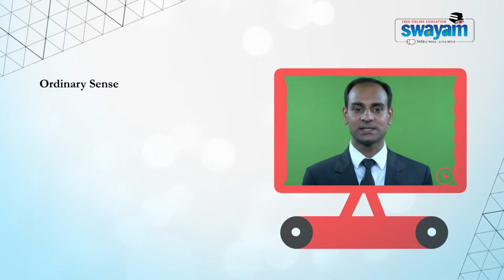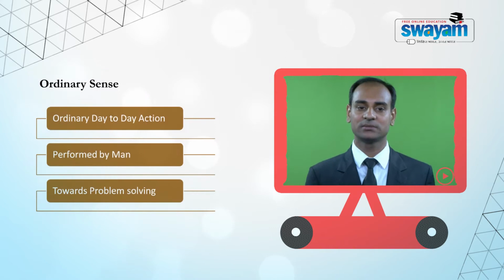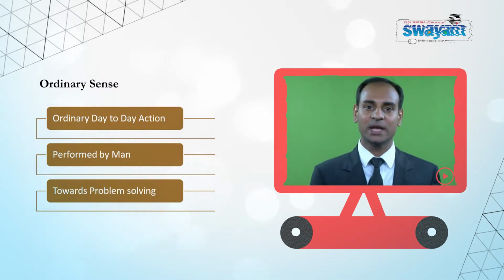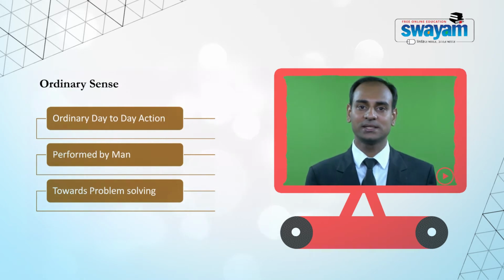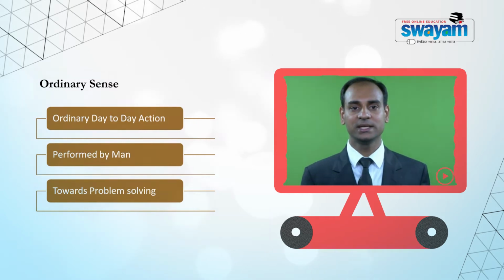In ordinary sense, the person used to solve his problem of life in his day-to-day action. Such action performed by the person towards his problem solving is sometimes ordinarily called as research. In fact, that is not right to say research in technical term.